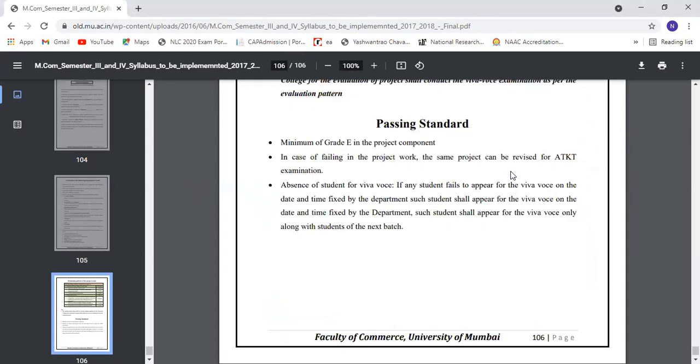Passing standard. Now your passing standard is 40 marks only. 40 marks in all cases, internal and external.